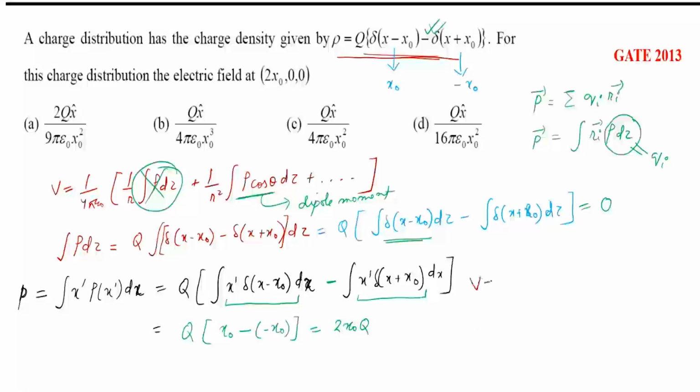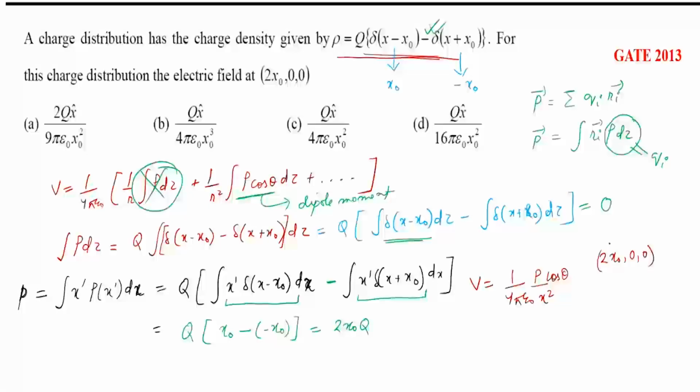So V is equal to 1 by 4 pi epsilon naught P by x square. Do you know this formula? It is actually P cos theta, but here theta is 0 because the coordinate here is 2x naught, 0, 0.